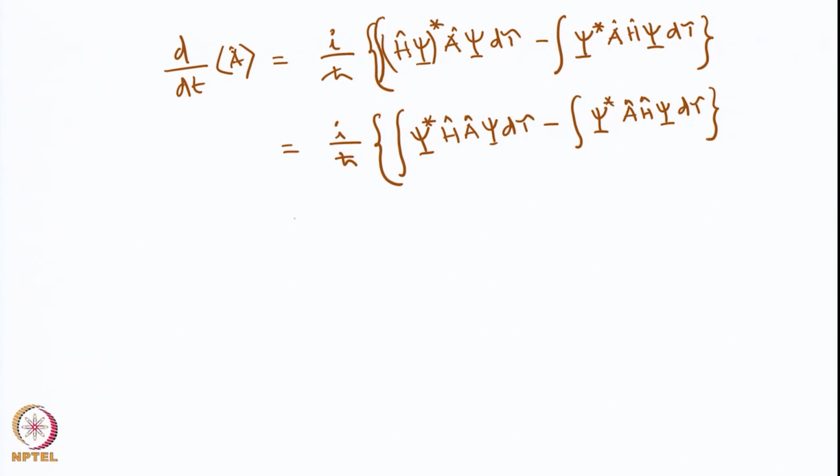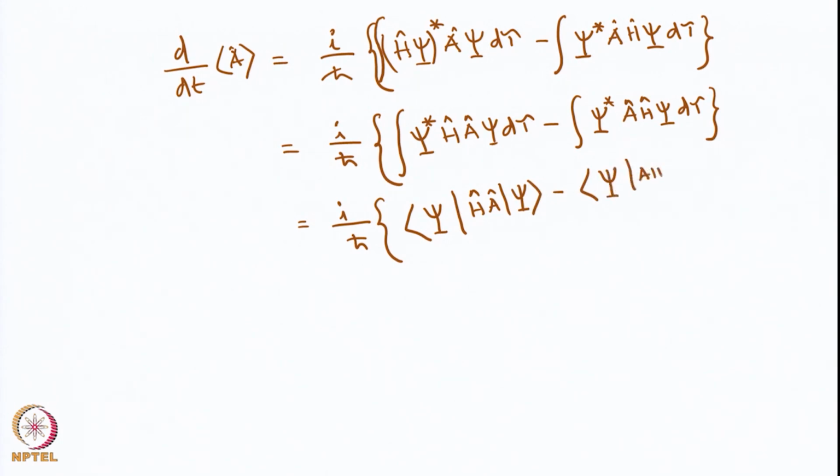Okay. So this is equal to, I can think of it like this, i/ħ times the integral of ψ* H A ψ minus ψ* A H ψ.